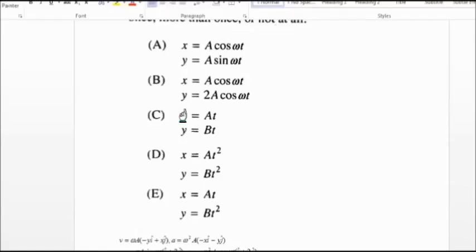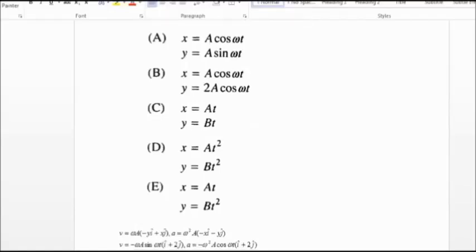So the set of equations for which the second derivatives are zero describes the motion for which the acceleration is zero. We can see here the second derivatives of x and y are zero. So the answer for that question is C.